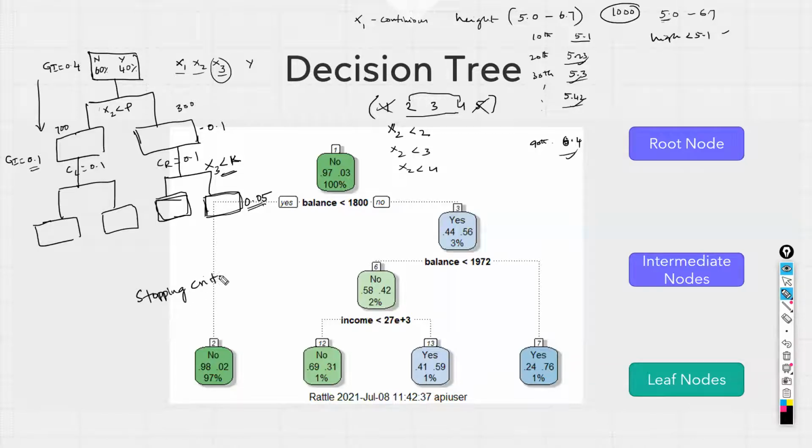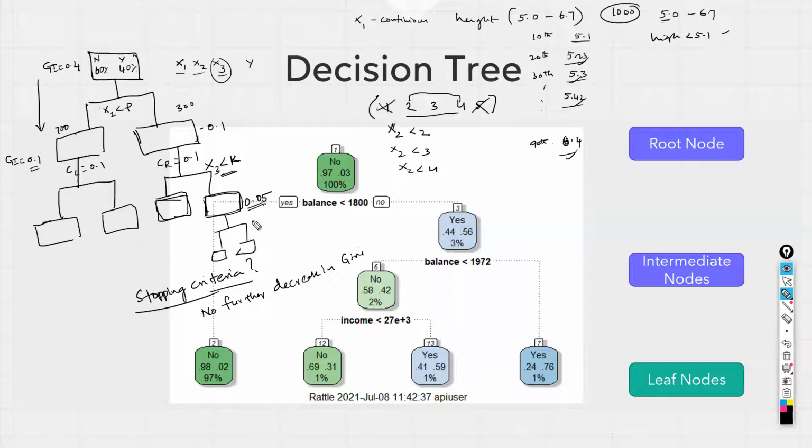So we will continue this up to what? When we reach a stopping criteria. So what is a stopping criteria? Stopping criteria in general, very simple: no further decrease in Gini. We reached here. Let's say we try to split this further.